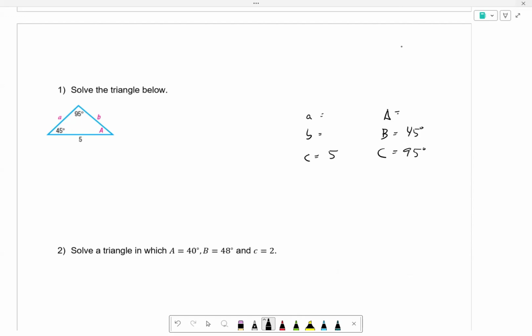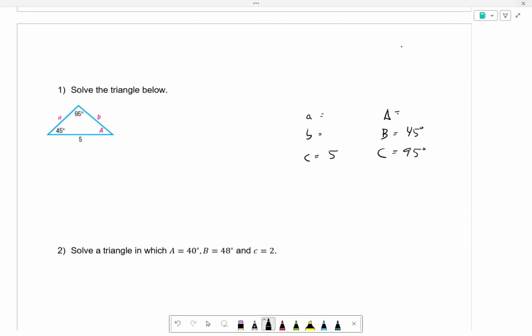Fair game. Absolutely. Except for that 45. Sine 45 is pretty good. Angle A would be 40 degrees. I think that. Angle A would be 40. So, what do we have here?